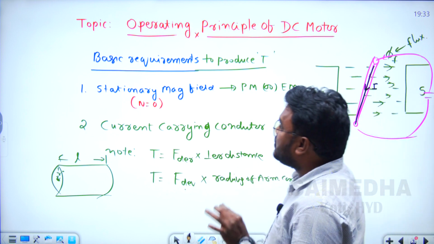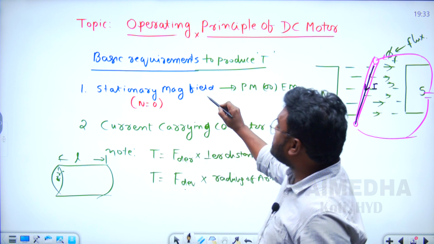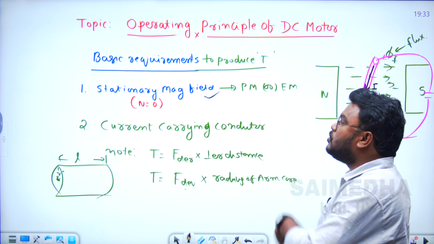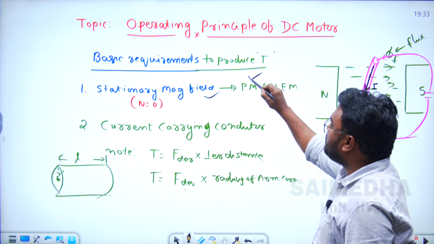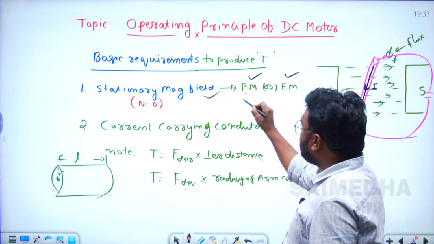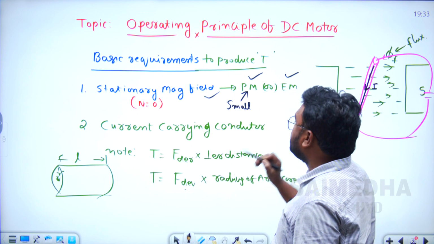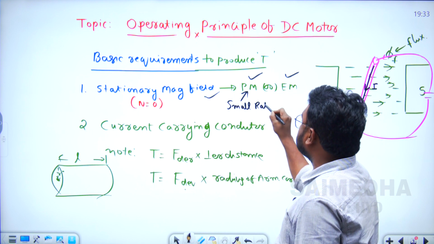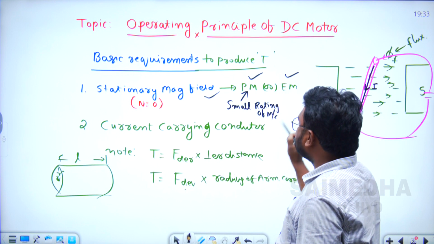Now the basic requirement to produce the torque in the DC motor: one is a stationary magnetic field. How do we produce the stationary magnetic field? By using permanent magnets or electromagnets. Permanent magnets are used for the small rating of the machine. What is the meaning of small rating?